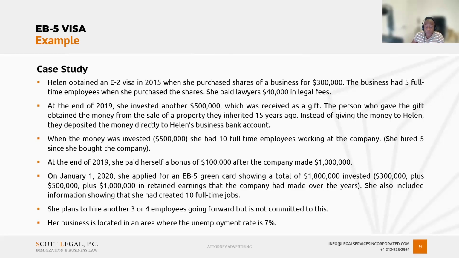But let's say we can't count the $500,000. Then none of the people can be counted, because if she now invested $800,000, that was after those 5 people had been hired. So none of them can count towards the full-time jobs. It does get very complicated and tricky as you go through, as this case study, I think, illustrates.